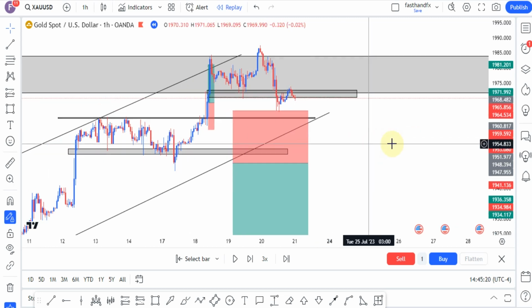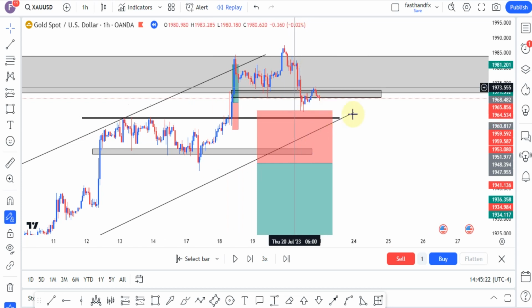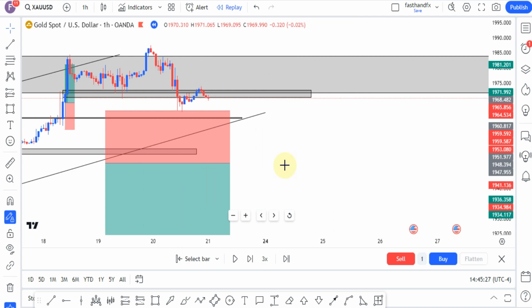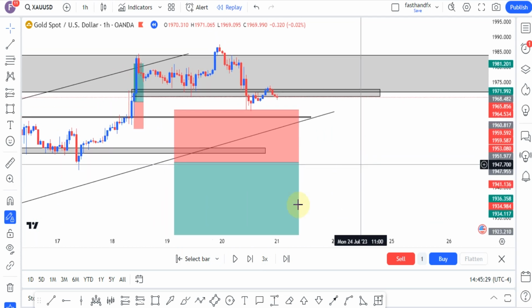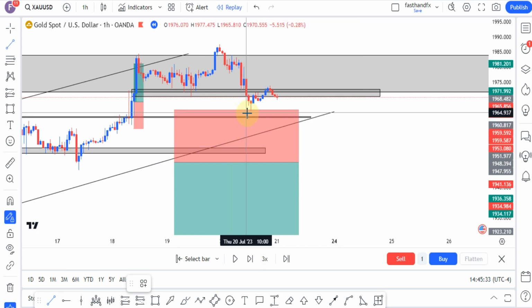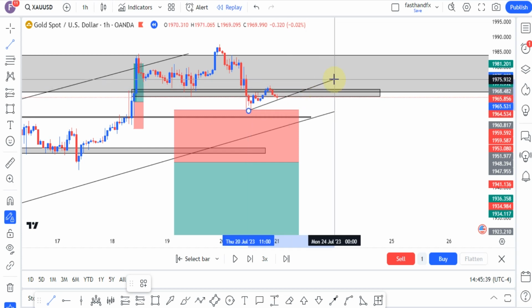I told you, after an impulse we normally have that impulse correction. Then we expect the market to give us an opportunity to go in for sales. So if the market has already broken below this area, now we're looking for opportunities to sell.